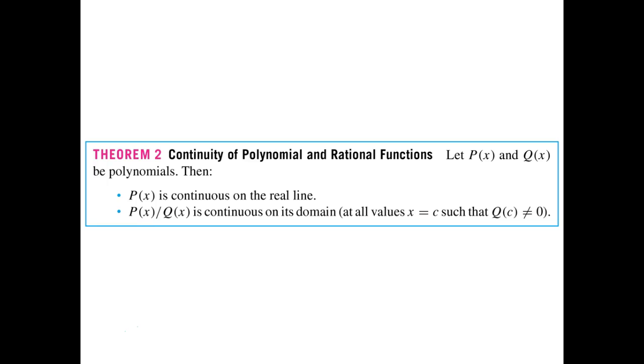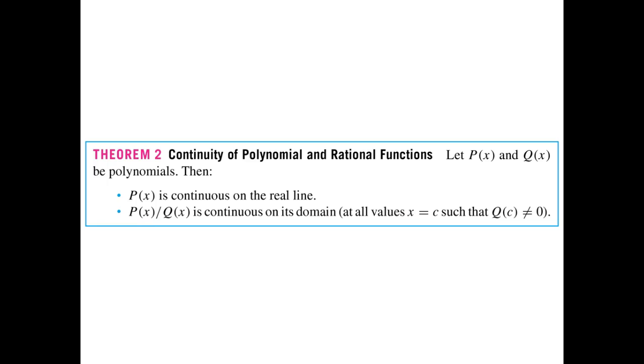Okay? In fact, usually both sides. So this is continuous on the domain because you exclude from the domain all values that make the denominator equal to 0. All right, but everywhere else, guaranteed to be continuous. Okay? Any questions on that?